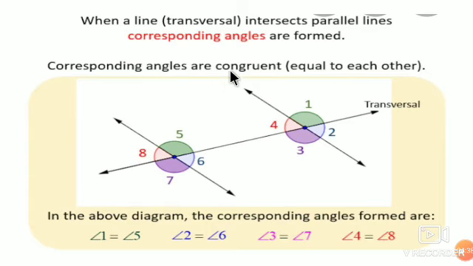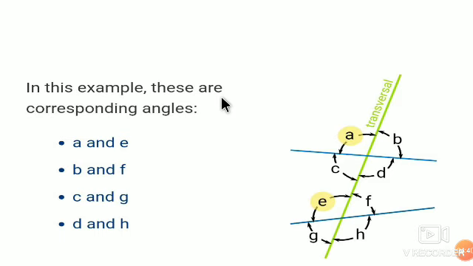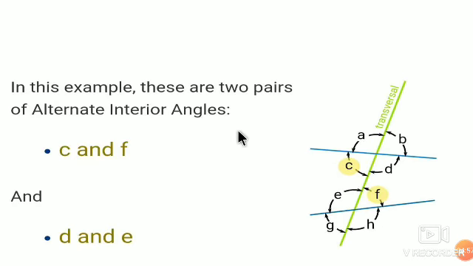And these corresponding angles are also congruent. In this figure, this is the transversal. A and E, B and F, C and G, and D and H are the corresponding angle pairs.